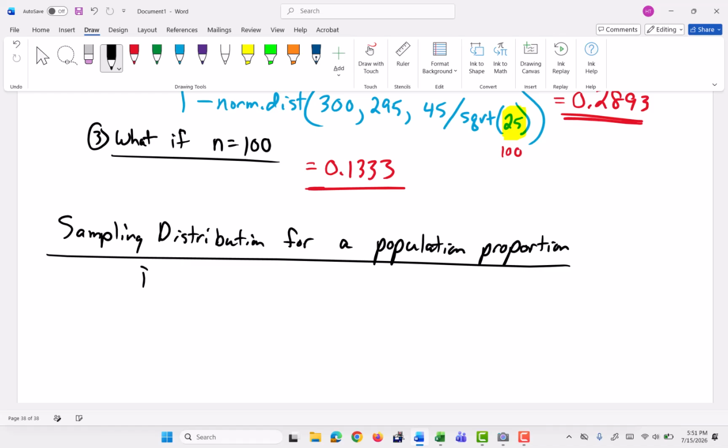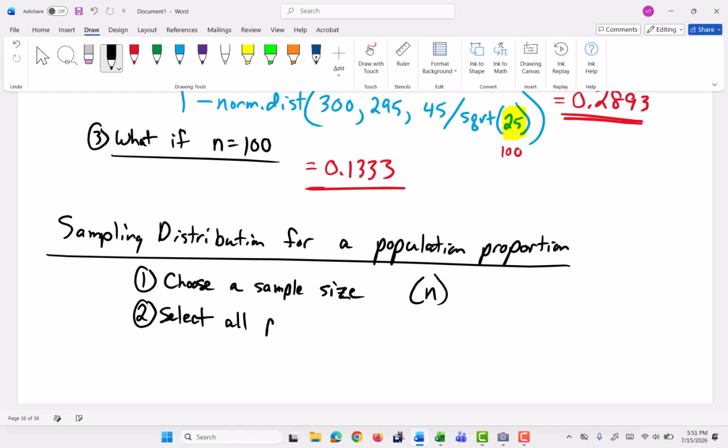We are selecting a sample size, and we'll call that sample size n again, as always. And once again, we select all possible samples of that size. Now this time we're looking at a qualitative variable.